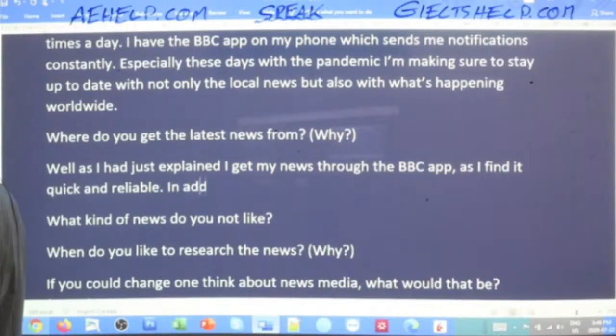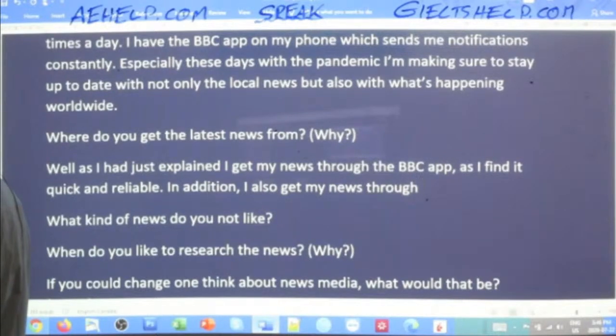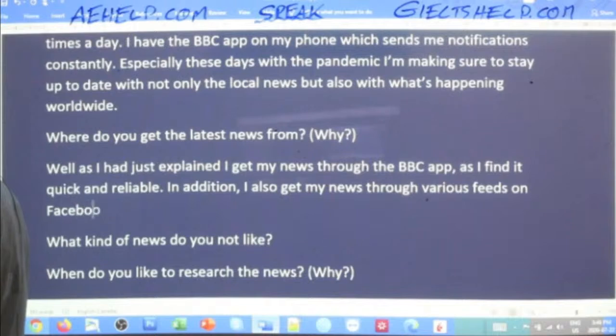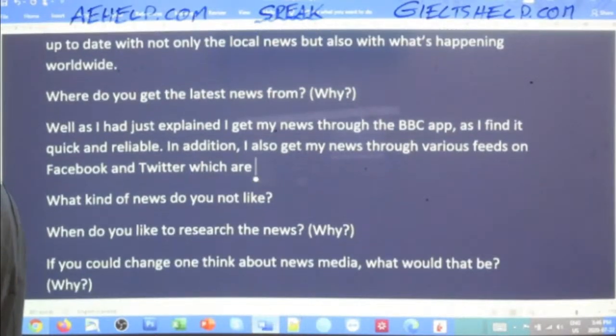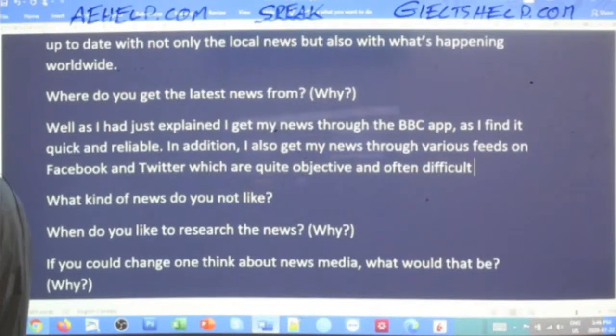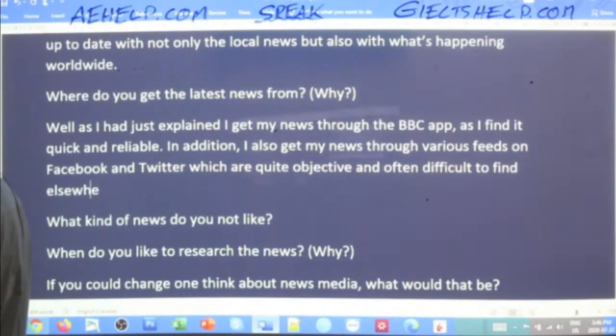In addition, I also get my news through various feeds on Facebook and Twitter, which are quite objective and often difficult to find elsewhere.